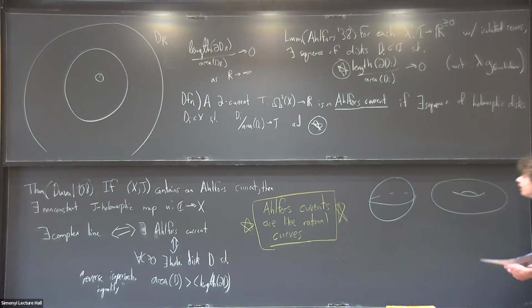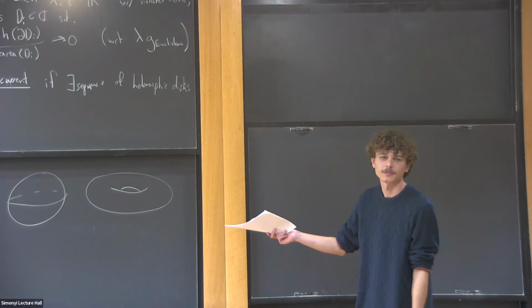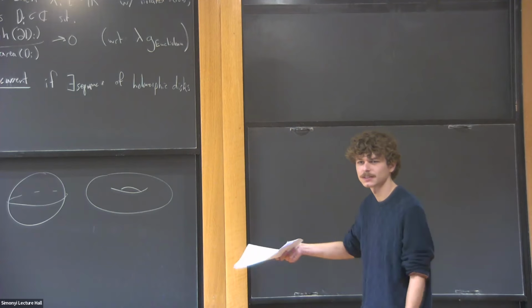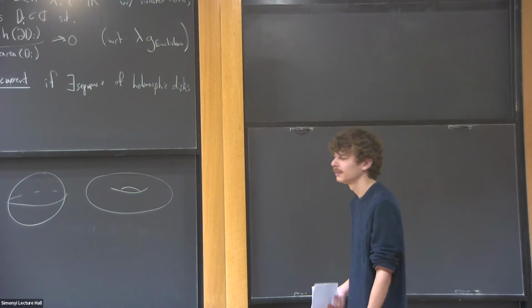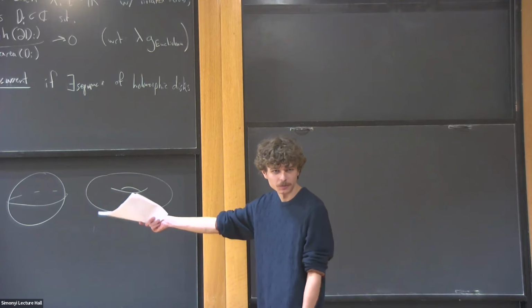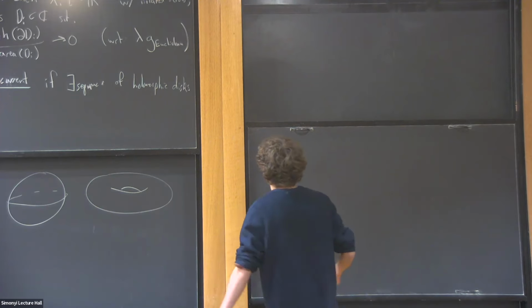So the first point in the analogy is the way you construct them. Constructing a complex line is some kind of weird process. It's not like the standard continuity method, but for Ahlfors currents, it's disks, which can be constructed with the continuity method, and then some inequality, which you try to get.